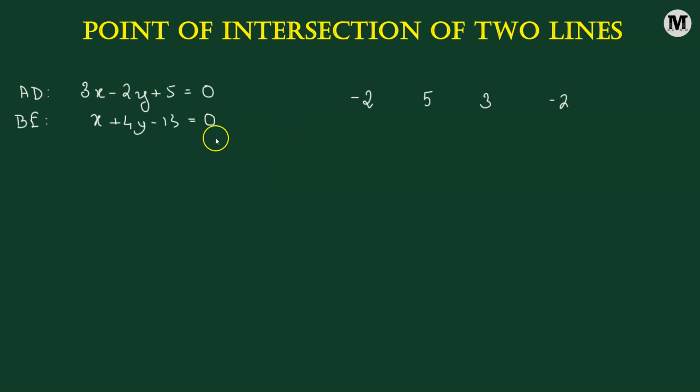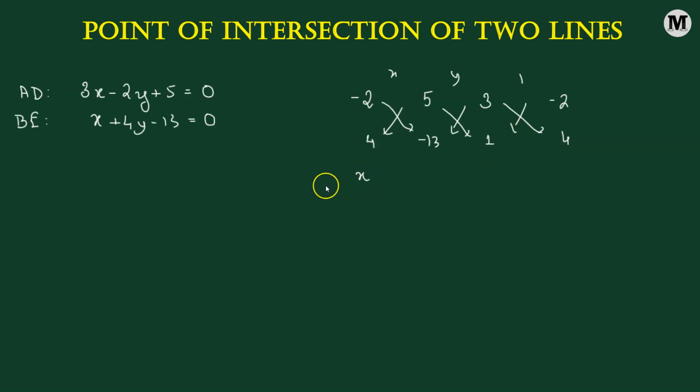Then we do the same pattern for the second line BE. We'll start with the coefficient of y, that's 4, followed by the constant term, that's -13. Come back to the first term, which is the coefficient of x, that's 1, and then end up with the coefficient of y. So we now have x, y, and 1. We're going to perform cross multiplication, and that's going to help us obtain the values of x and y.